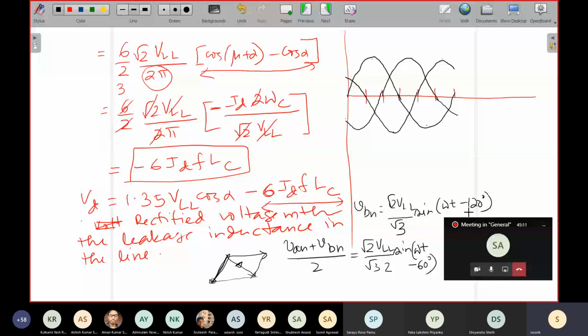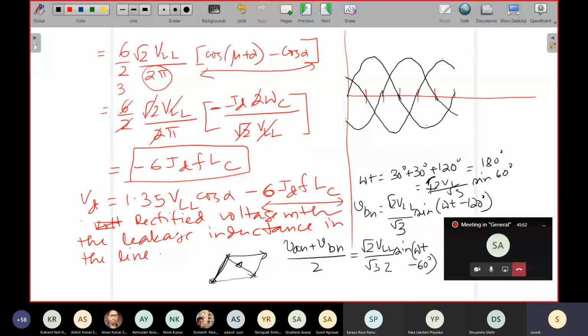Let's say this instant corresponds to omega t equal to, let us say alpha is equal to 30, I'm just giving an example, 30 plus 30 plus 120 degree. In this instant, omega t is equal to 180 degree. So at 180 degree, VBN is root 2 VLL by root 3 into sine of 60 degree.